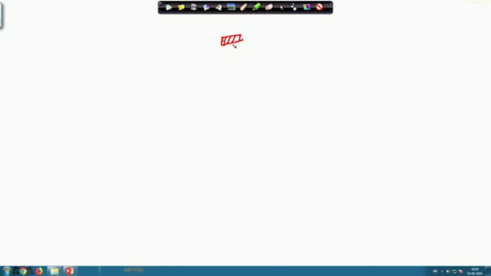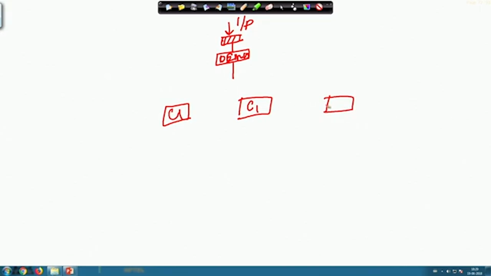After that I have one demultiplexer. So, this is the input. Then I need 3 of the corresponding C1 blocks.